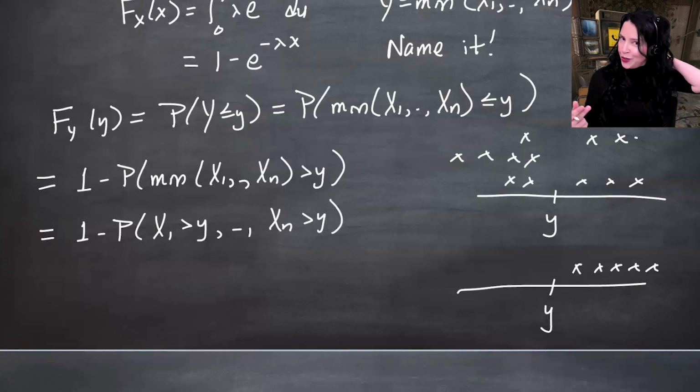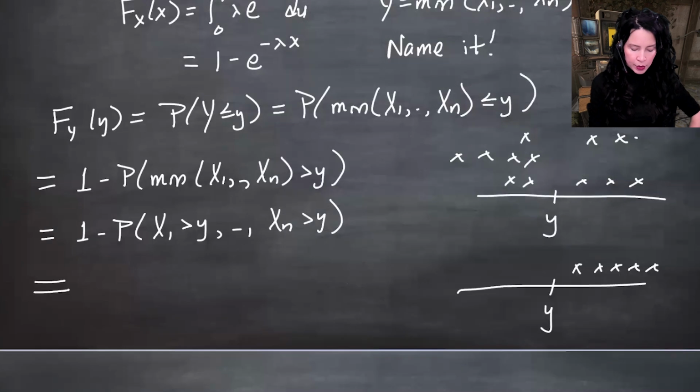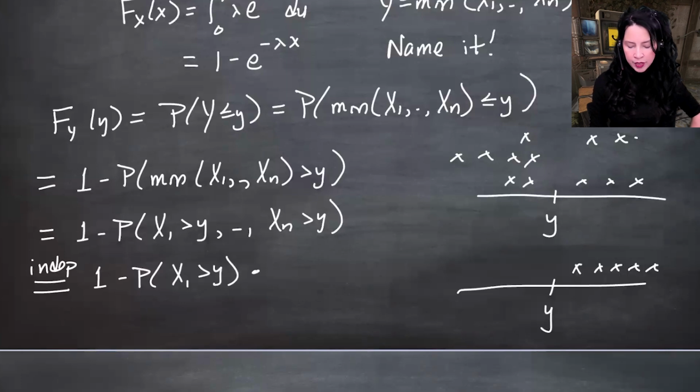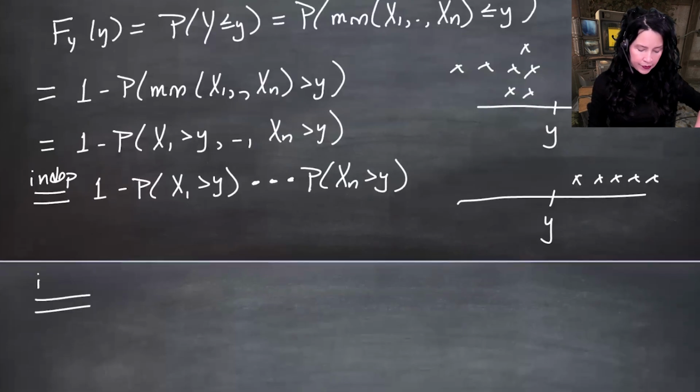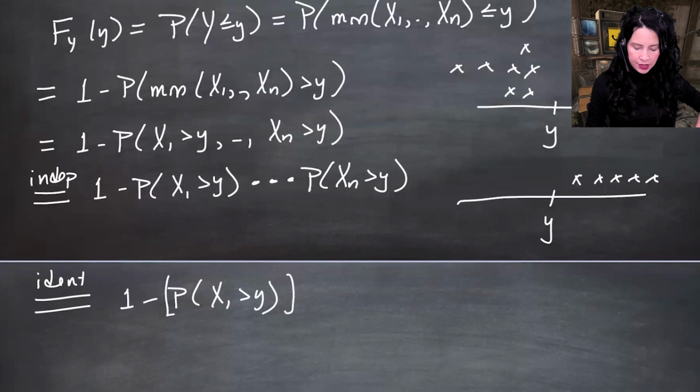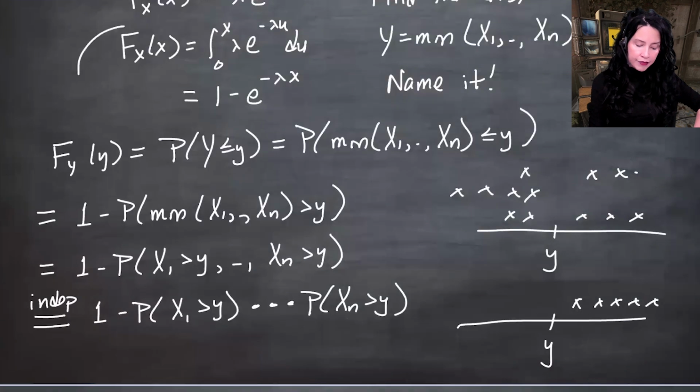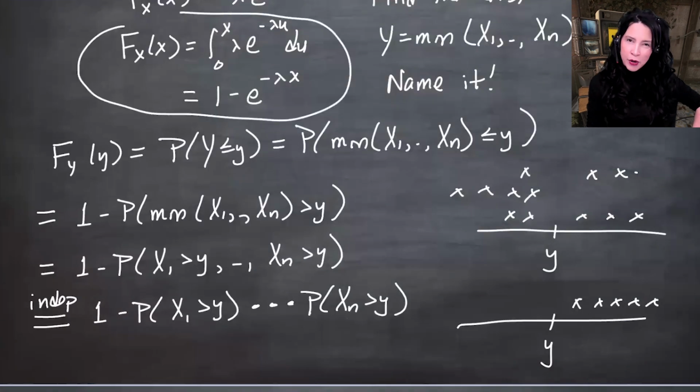My next two steps, you'll probably just write out in one step. But since it's our first time doing it, by independence, I get to factor these probabilities. Multiply. And then by identicalness, they're all the same. So this is 1 minus the probability that x1 is greater than y, to the n. And we have the CDF for x up here, the probability that x is less than or equal to x.